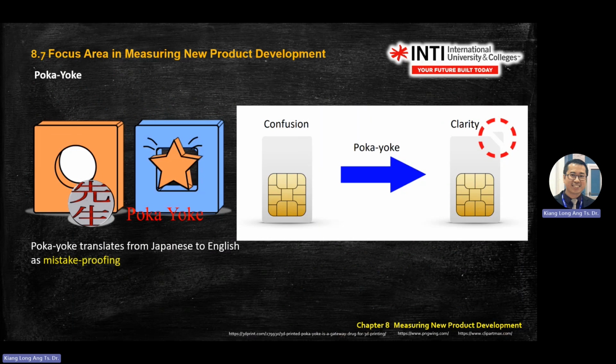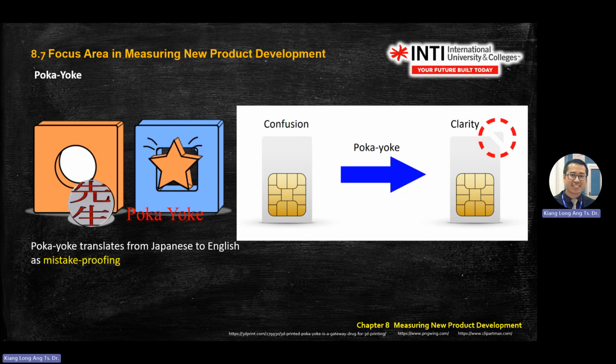Poka-yoke is also important when you go to industry, go to your internship. Don't say you don't know what is poka-yoke, especially when you talk to your production manager. Poka-yoke is go, no-go, or poka-yoke translated is mistake proofing, or in a very bad word is anti-idiot or idiot proofing. Means you avoid becoming an idiot.